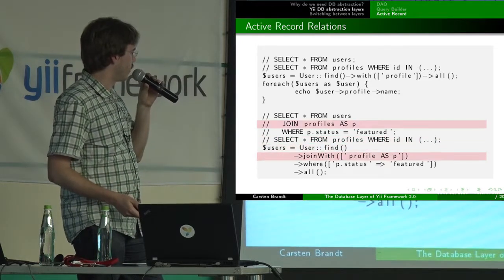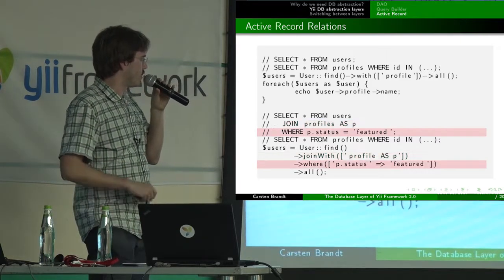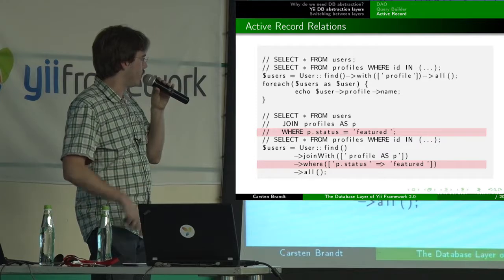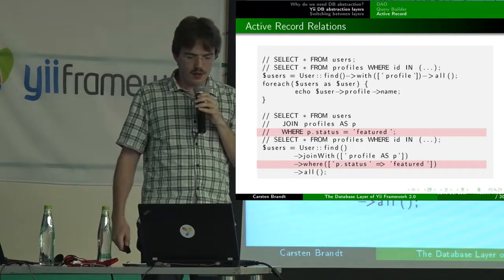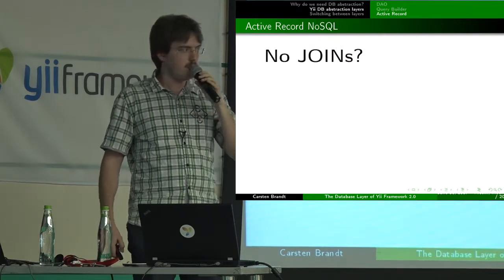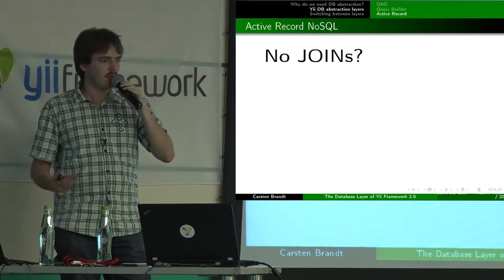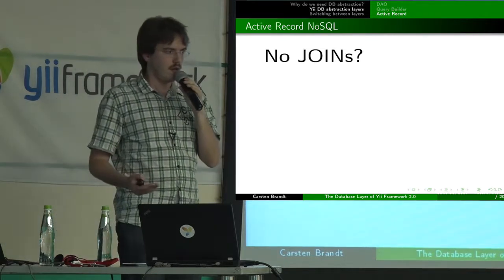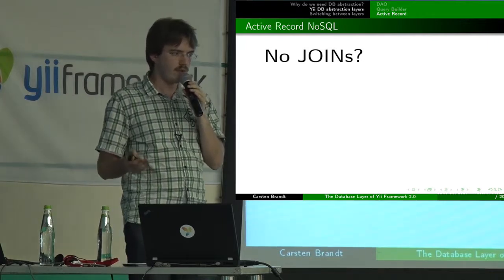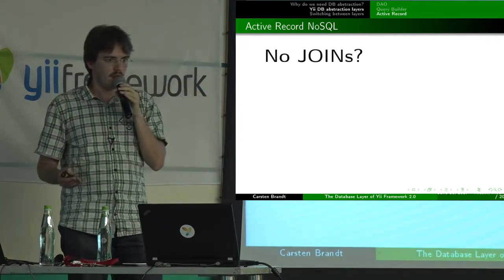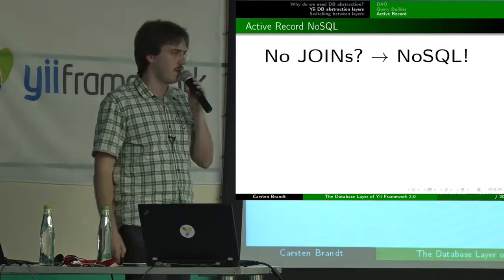So this joinWith introduces this join in the query. And this is just the condition on the query for the where. Yeah, what's interesting in the implementation of the Yii Active Record relational query is that we have no joins. And the nice thing about not having joins for relations is that we can use NoSQL.